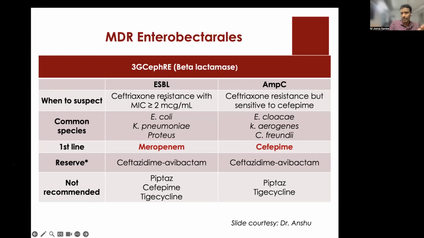If you have resistance to ceftriaxone, and if you have an MIC, the minimum inhibitory concentration, of more than or equal to 2 micrograms per ml, in that case you suspect an extended spectrum beta-lactamase producing organism. And for this, the first line is meropenem. So if you have strong suspicion that this could be an ESBL-producing Enterobacterales organism, meropenem will be the first line.